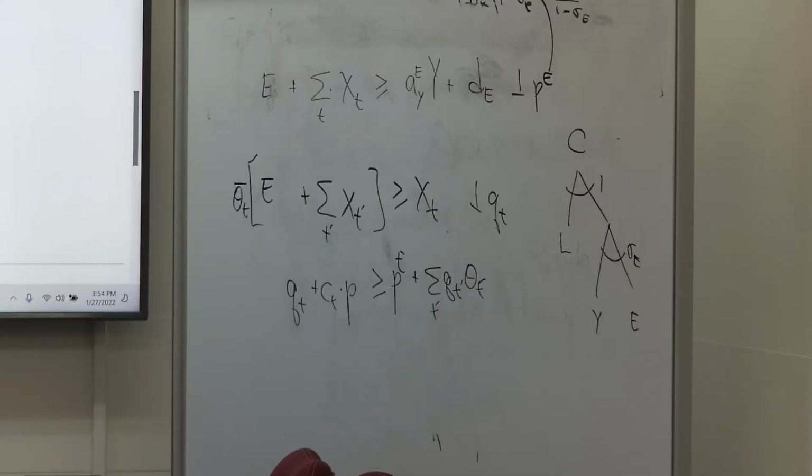I need to have C because we have to have a market for Y. This is going to have plus the sum over T of C of T times X of T, because the demand for output from Y either goes into conventional energy costs, renewable energy costs, or final demand.